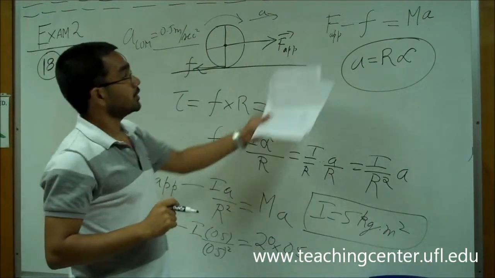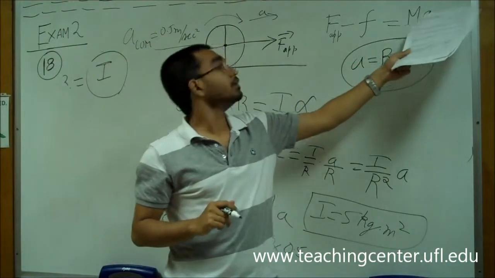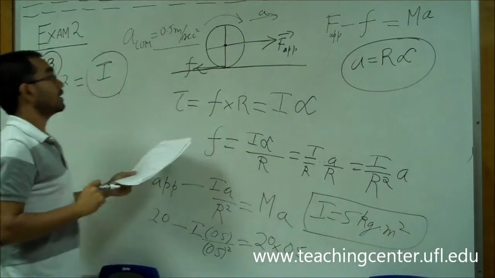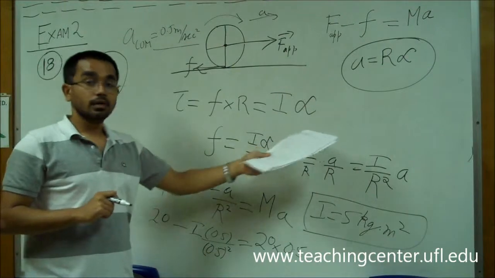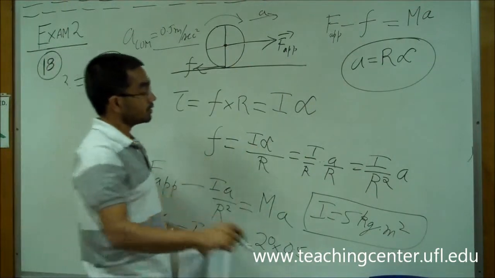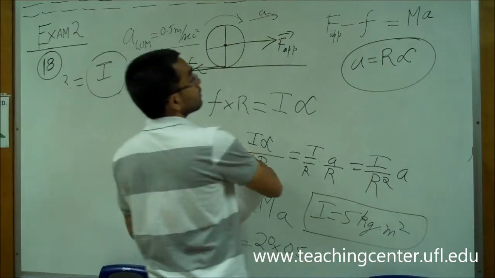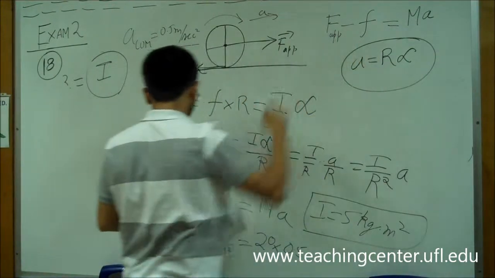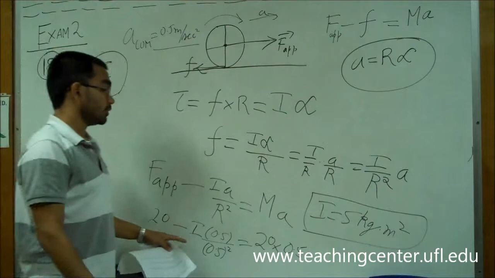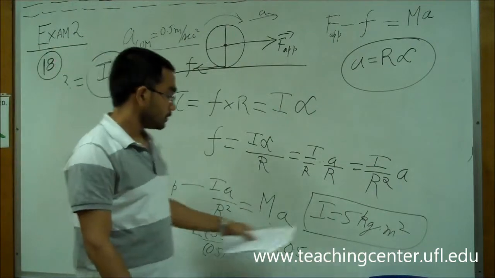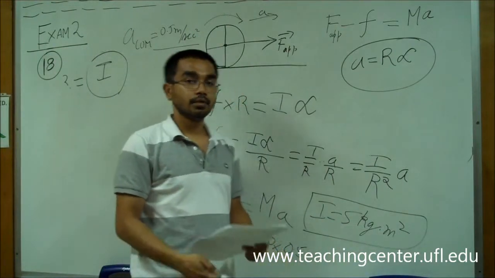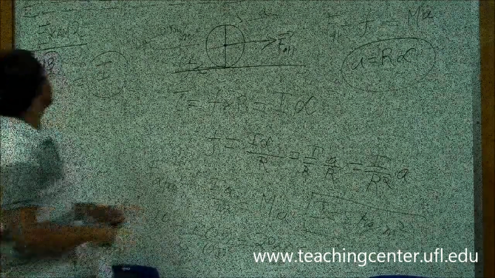So we write our translation equation of motion, and we relate that to the torque equation, from which we can find our friction in terms of our linear acceleration. Plugging that back in the previous equation, we're able to find the moment of inertia for the body in question, which is 5 kg meter squared. Okay, and I think that's pretty much it.